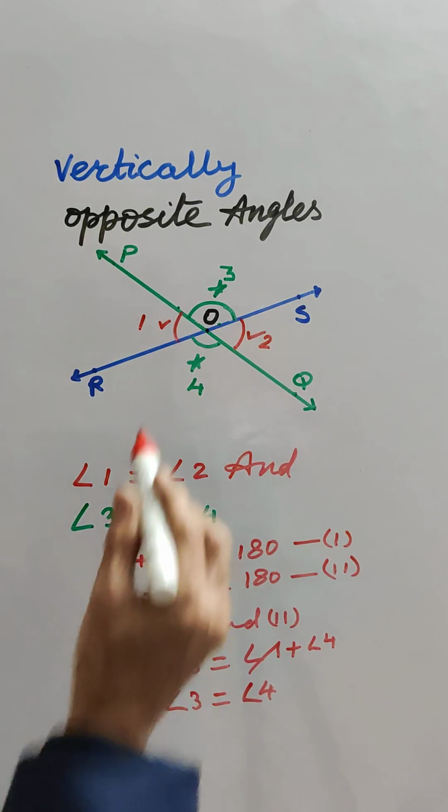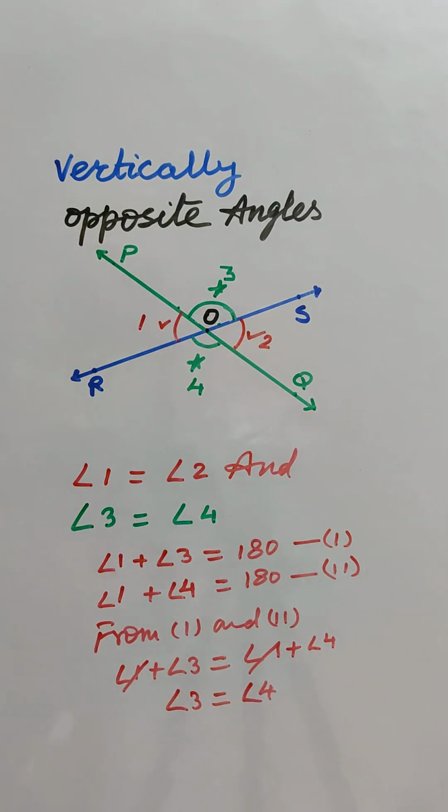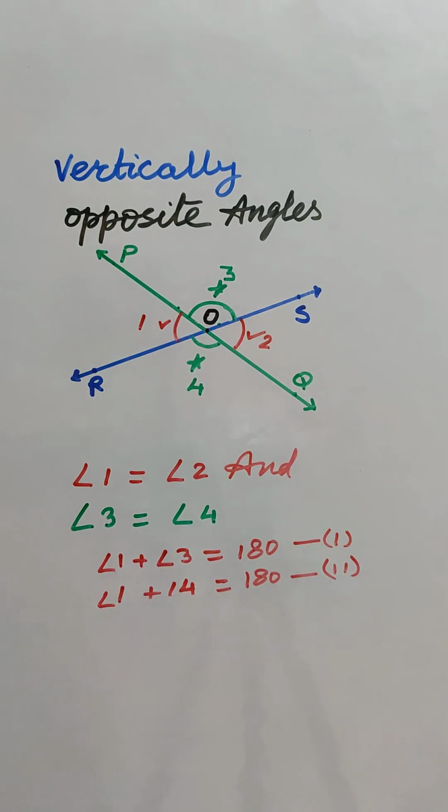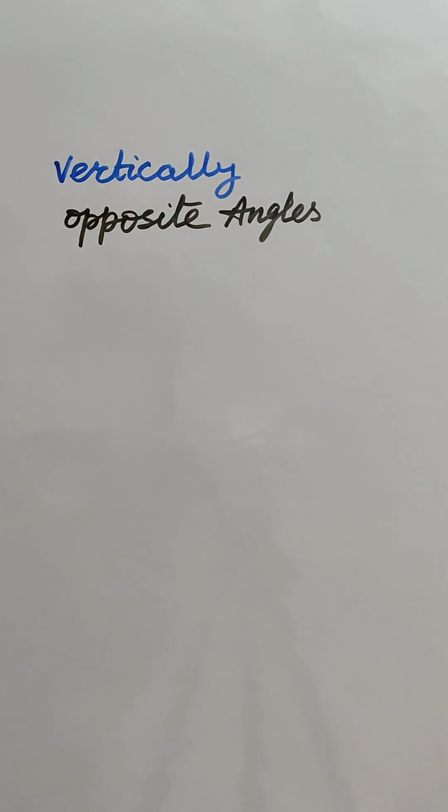So angle 3 and angle 4 are equal. Thus, if two lines intersect each other at a point, then the vertically opposite angles so formed are equal.